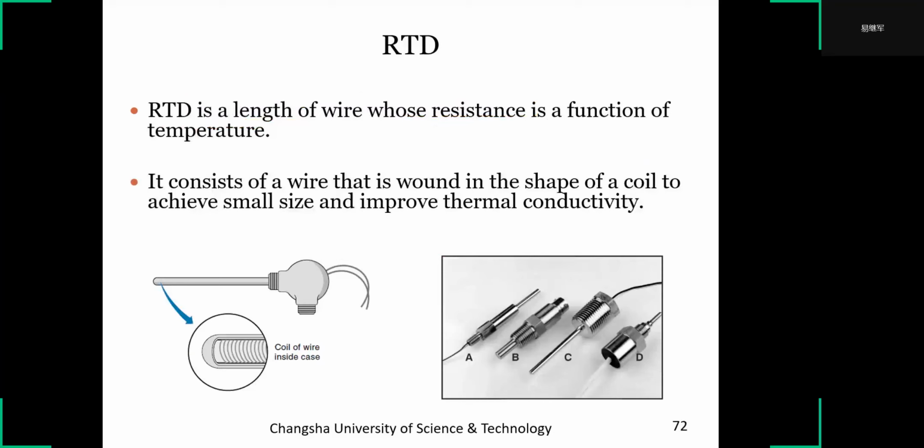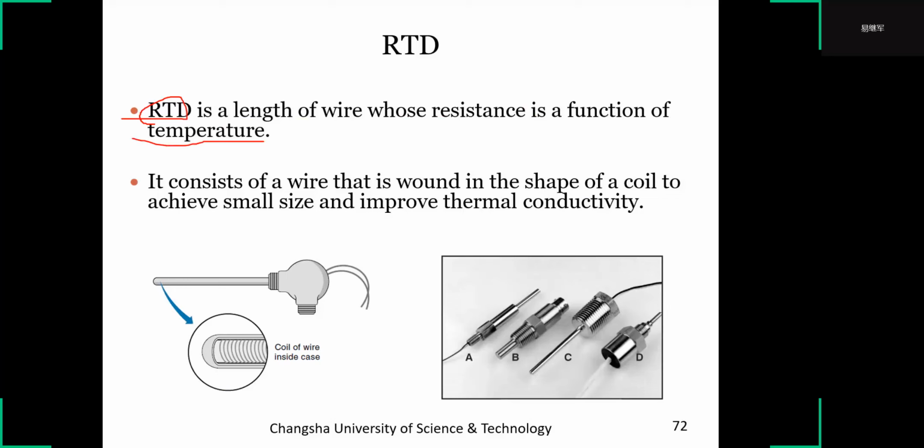RTD. A resistance temperature detector is a length of wire whose resistance is a function of temperature.